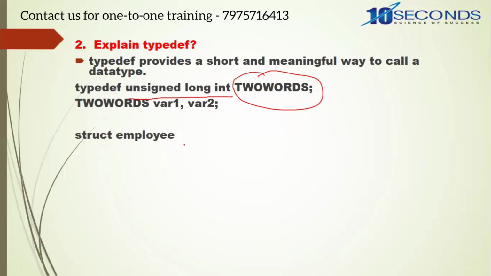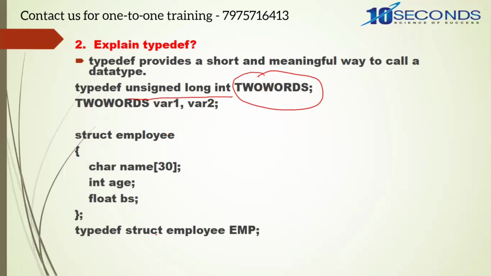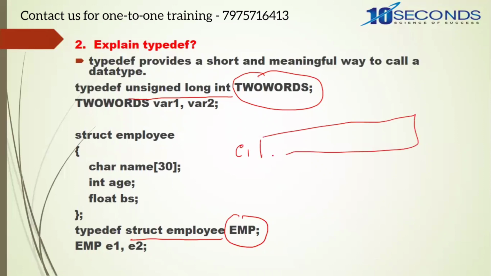Struct, we will see one more example, struct employee. Now, typedef struct employee emp. Instead of struct employee, we can use emp. Now, emp e1 comma e2. So here, memory will be allocated to e1 to store name, that is 30 characters, and age, that is around 4 bytes, and basic salary.